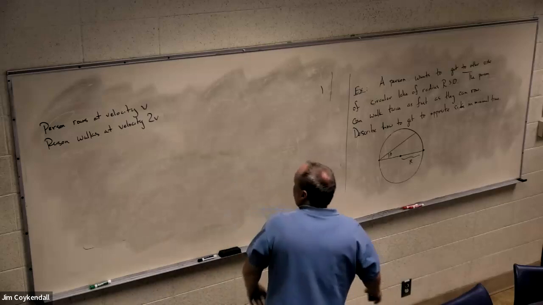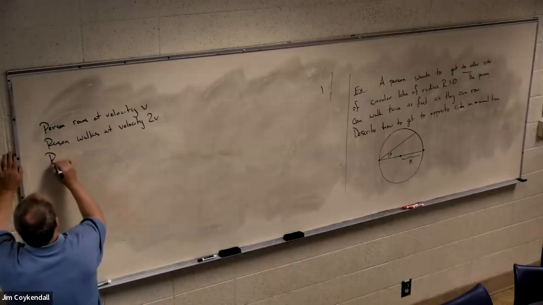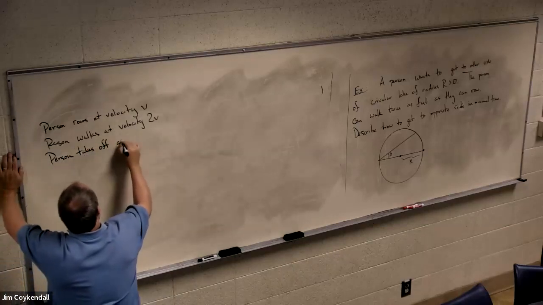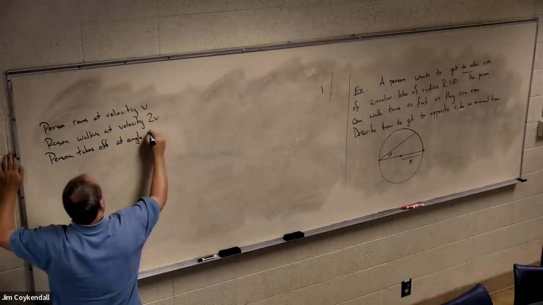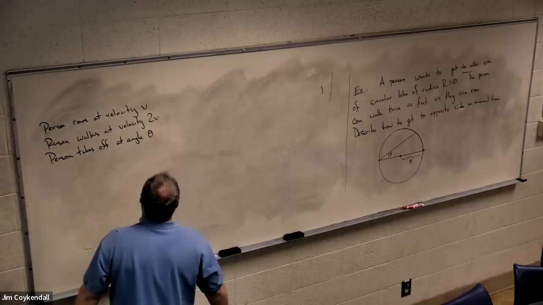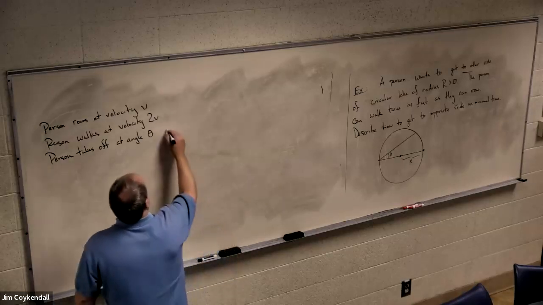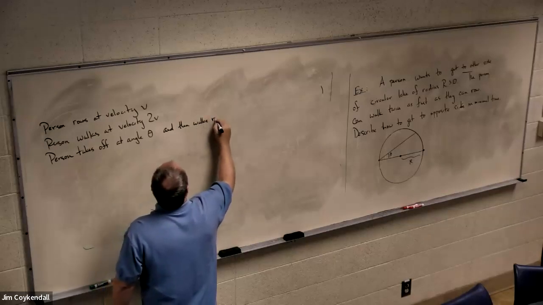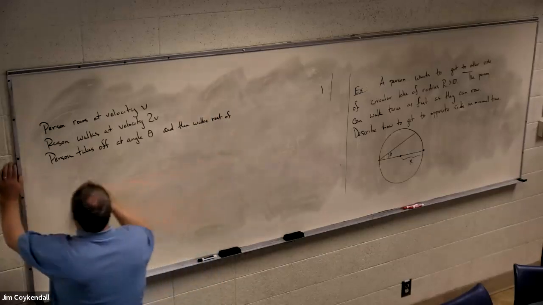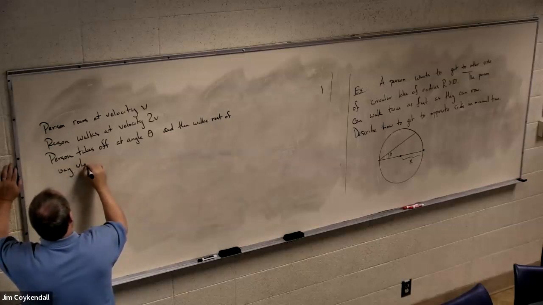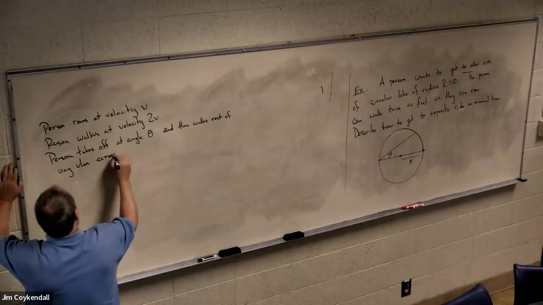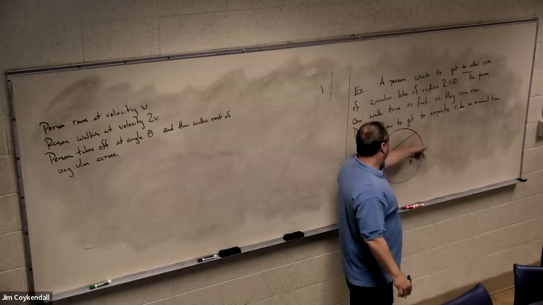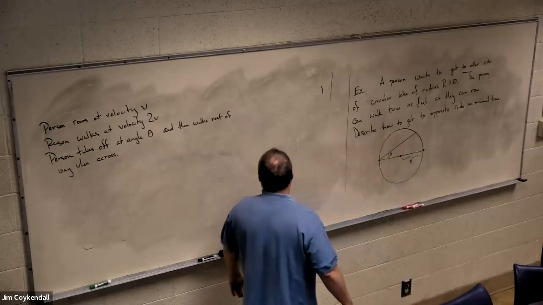Let's suppose they take off at angle theta, and then walk the rest of the way across. So we're going to assume that the person rows that way, gets out.